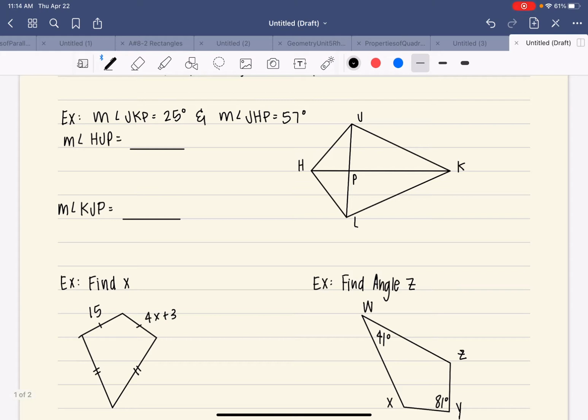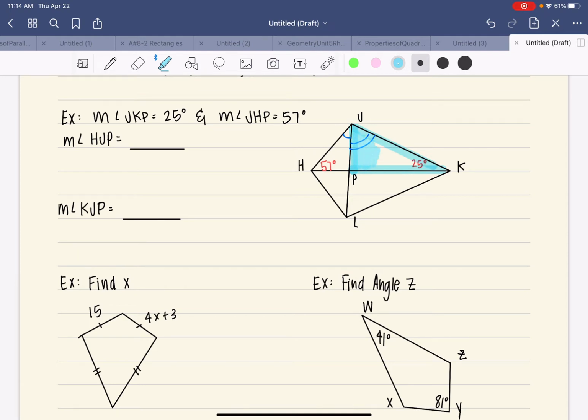Example 1 says the measure of JKP is 25 degrees, and the measure of angle JHP is 57 degrees. It wants me to find HJP, which is this angle, and then it wants me to find KJP. How we go about solving this is noticing that we have triangles.